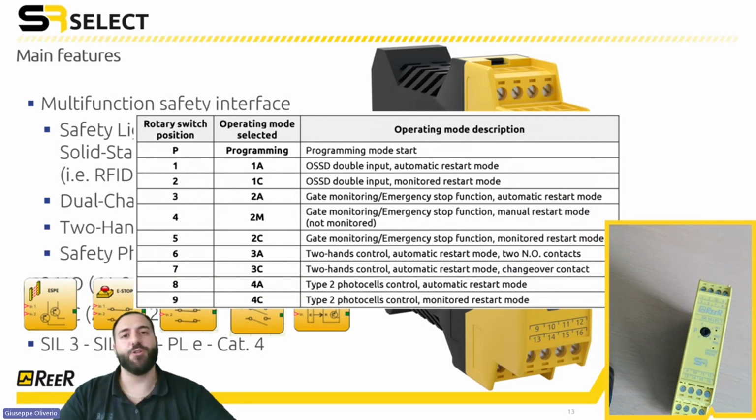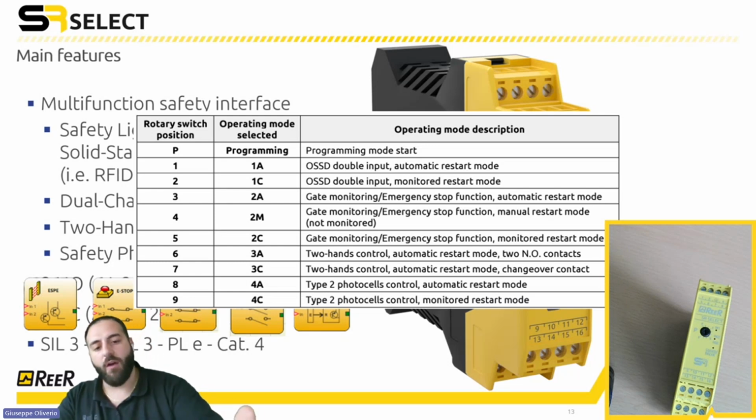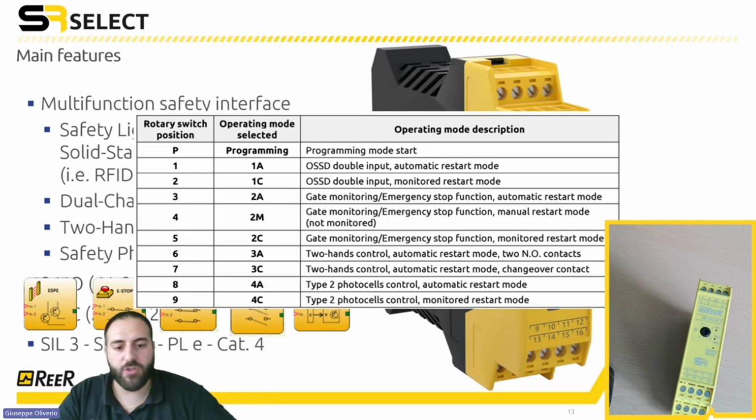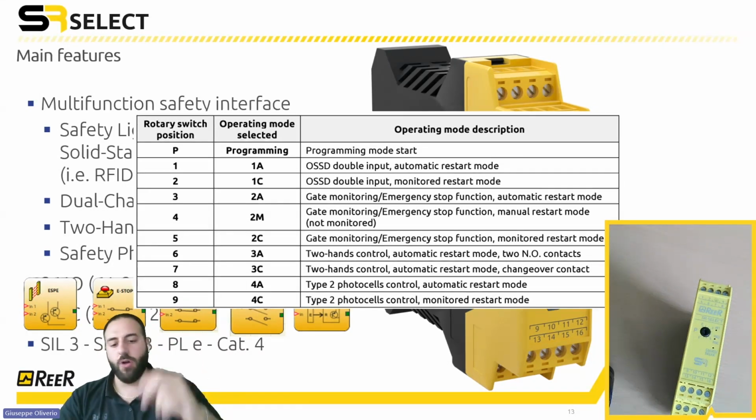From the commercial point of view, you don't need anything different than this SR Select, because if you have one of the operating modes that we described here, so an OSSD double input, automatic reset, or manual reset, the emergency stop function, or the gate monitoring with manual or automatic reset, if you have a two-hands control, a type 2 photocell, with one code, you are able to manage the signal from all these devices.